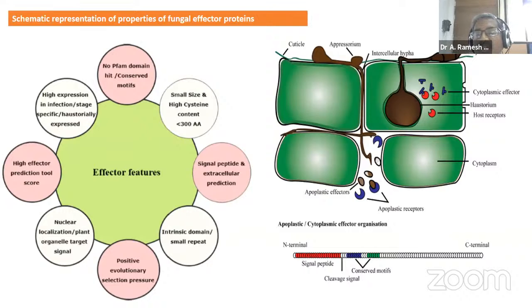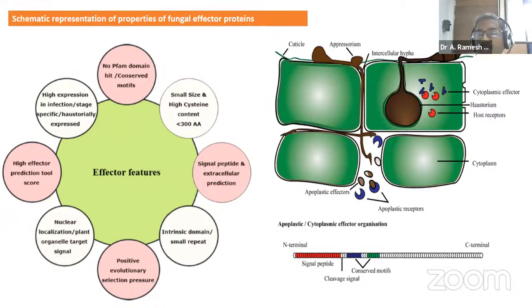In fact, regarding the localization of the effectors, mostly the effectors are localized in the apoplastic spaces. The apoplastic space is a typical war zone where the plant and the pathogen put forth their combat systems at the molecular level, and fight each other to gain an advantage over the other partner.